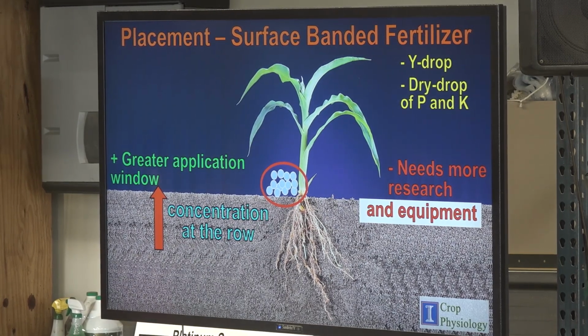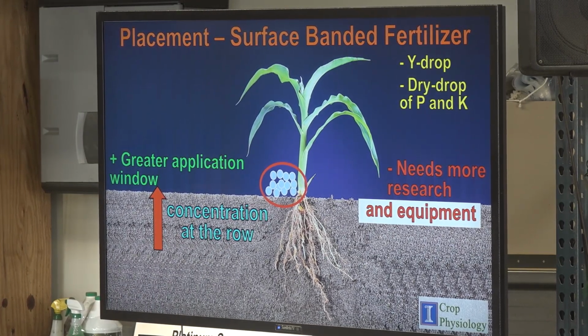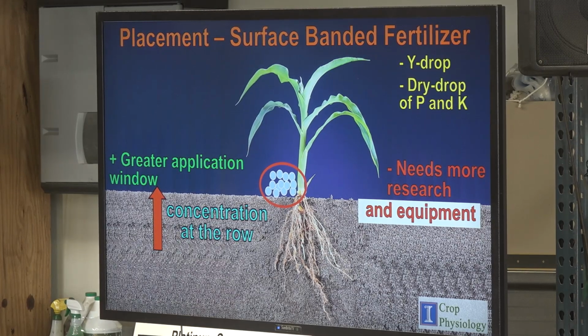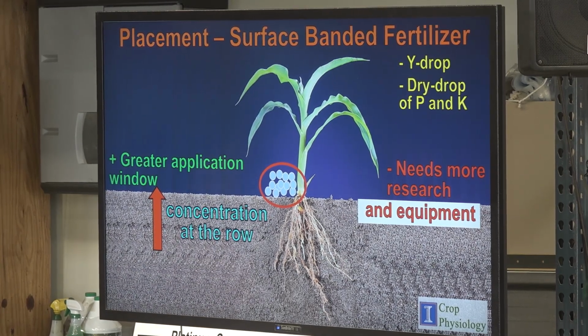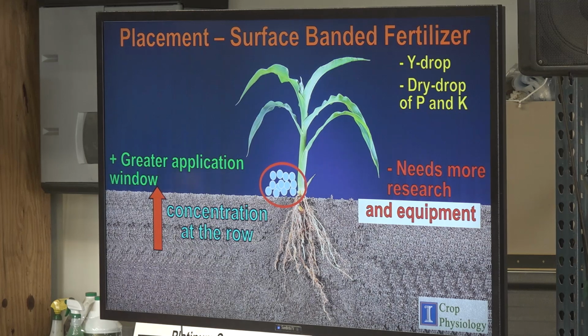It would allow us a greater application window for our fertilization. We're concentrating at growth, so we hope that the fertilizer is going to be solubilized and be available for the plant. But we do need more research on that, and also we don't have equipment to do it on the farm.